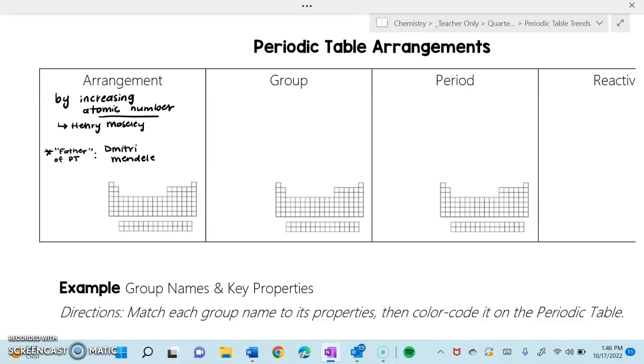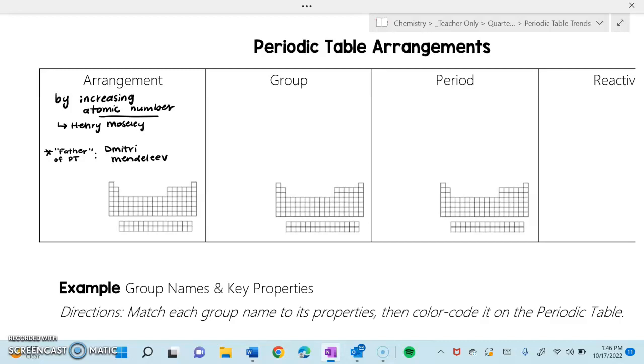And the reason that Dmitri Mendeleev is given the title of the father of the periodic table isn't because his periodic table was the first one or even the best one, but because he figured out how to use the table as a tool for predictions. So he was able to figure out, based on gaps in his periodic table, what elements would be discovered in the future, where they would be located on the periodic table, and what properties they would have.